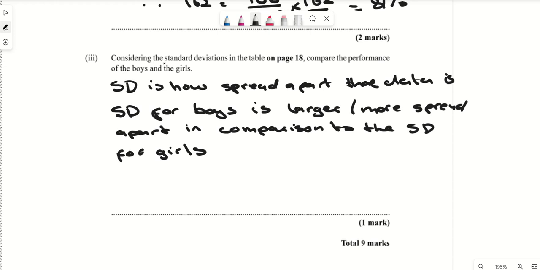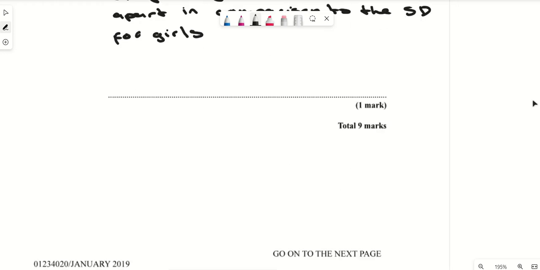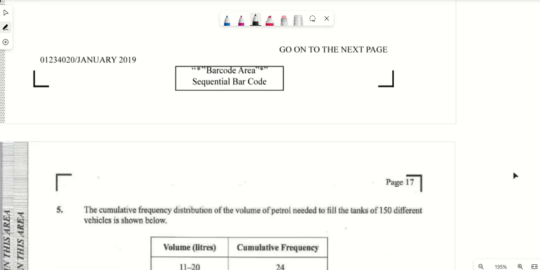And that's it. All you have to just say is the boys are more spread apart or more distributed, right, than the standard deviation for girls, and that is it. And that's how you would answer this part 3, right?